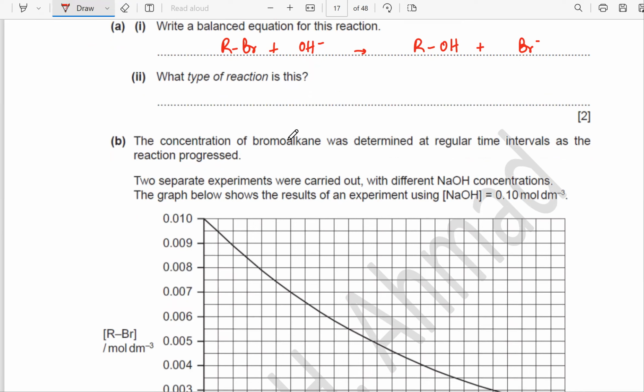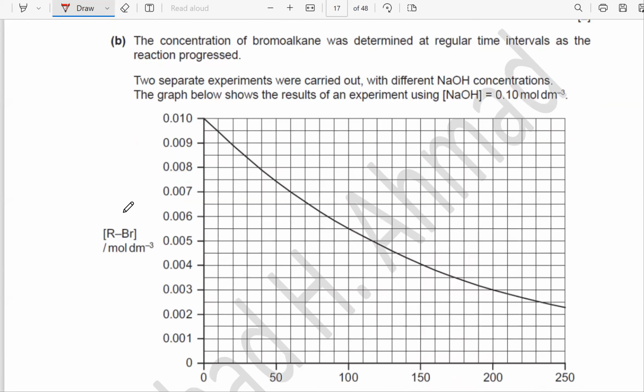उससे the concentration of bromoalkane was determined at regular time intervals as the reaction progressed. So he's following the concentration of bromoalkane. So you can see कि bromoalkane की जो maximum concentration he used in the experiment was 0.01 mole per dm cube. वो जो दूसरा OH ions है ना, that's 0.1 mole per dm cube. तो that's in large excess.